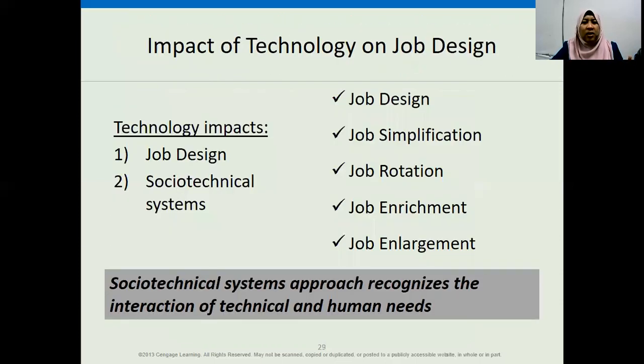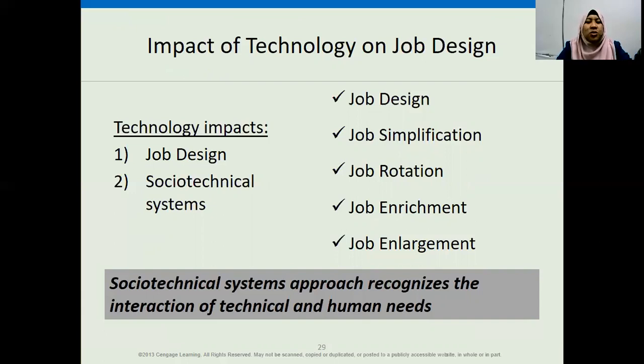And we're talking about the impact of technology on job design. On the technology impact, we have job design, socio-technical system, job simplification, job rotation, job enrichment, and job enlargement. For those who have the manual, I want you to read on this. These are all the terms and it's very important.